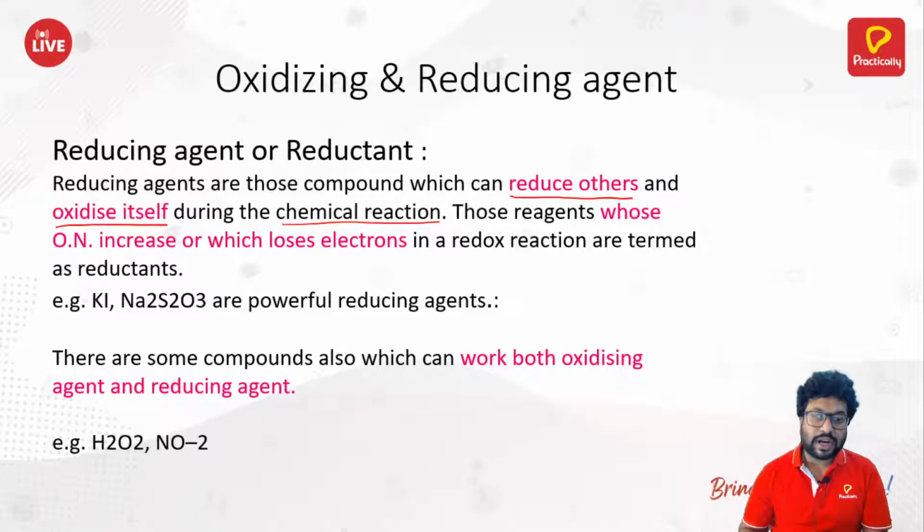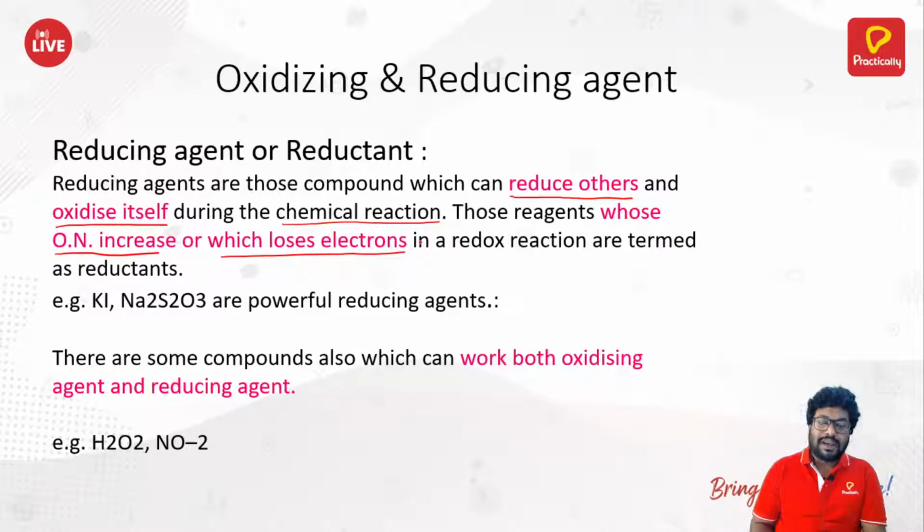Now, obviously, if you are getting oxidized, your oxidation number has to increase or you should lose electrons. Again, we are putting this in different words. We had seen these definitions already. So those reagents whose oxidation number increases or which lose electrons in a redox reaction are called reductants. Now, what are some of the powerful reducing agents?